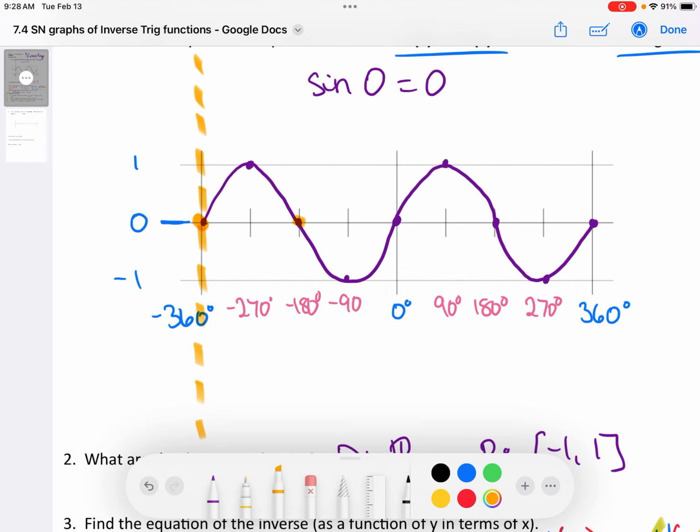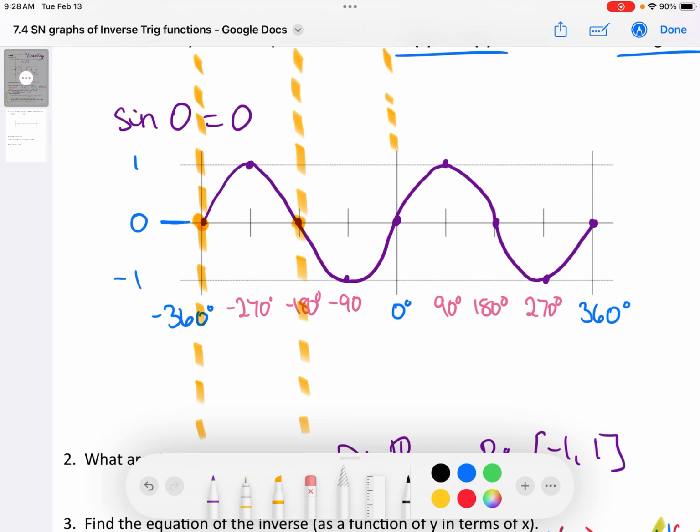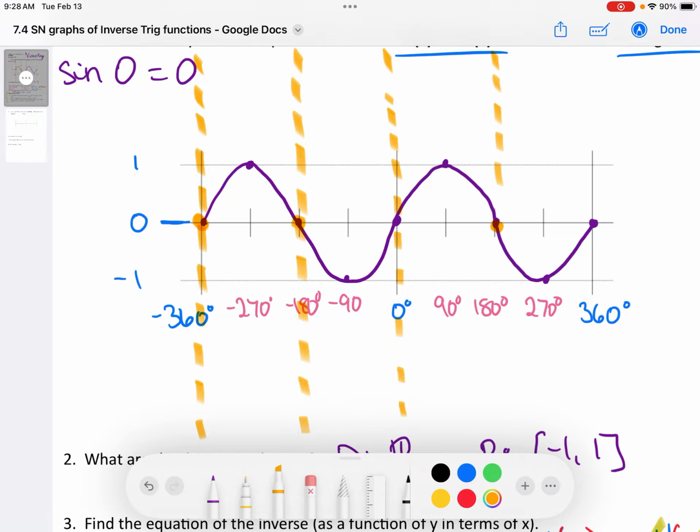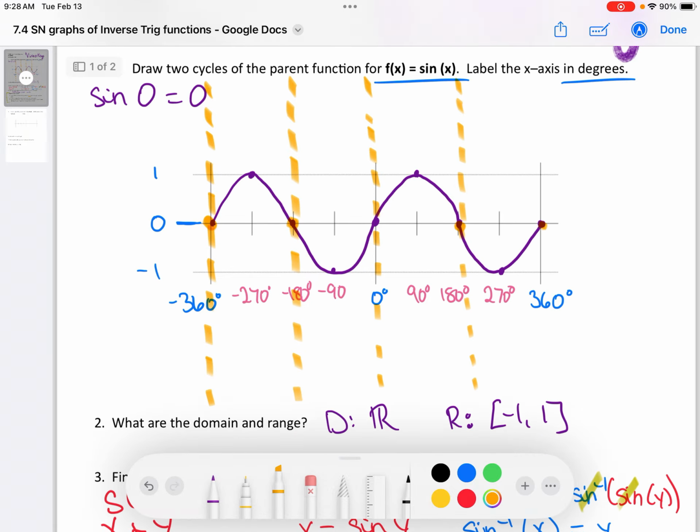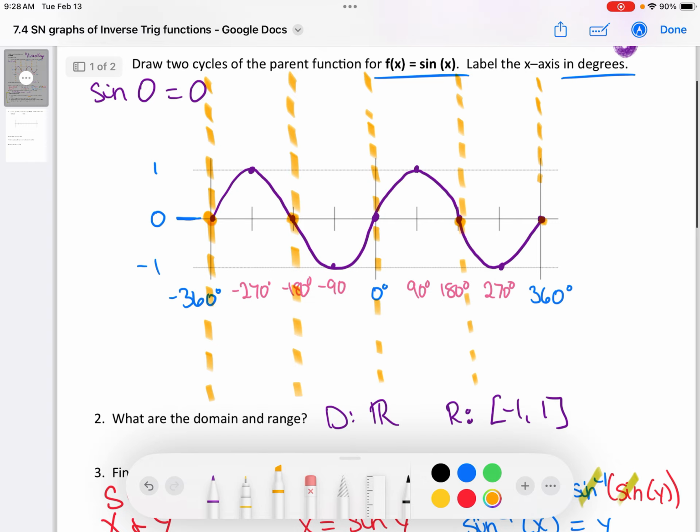At negative 180, we have another vertical asymptote, and I'm drawing these really big, really long for a reason. The y-axis is a vertical asymptote. Here's another at x equaling 180. And here at x equaling 360, we cross that x-axis.